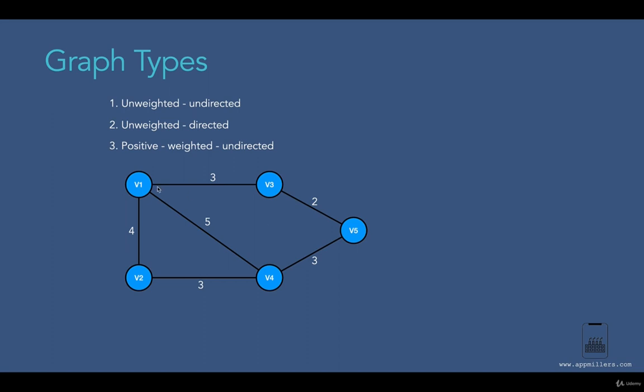This means that we can go in any direction between these vertices, so that's why it's called an undirected graph. If we don't have any specific direction between the nodes, this is an undirected graph, and the weights are positive. So that's why it's called a positive weighted undirected graph.